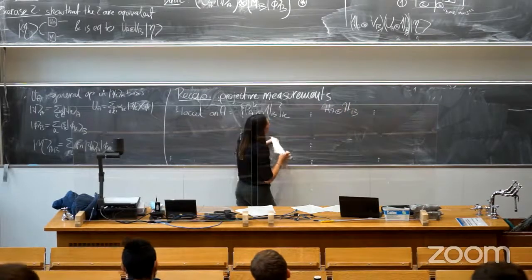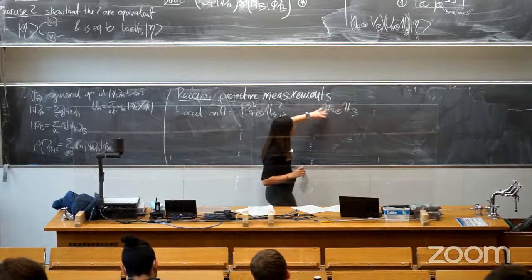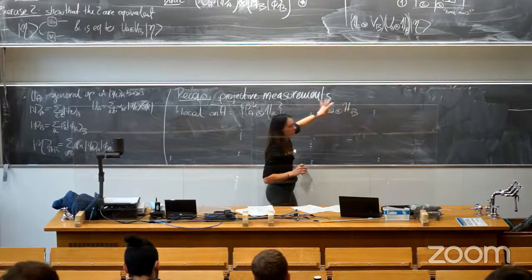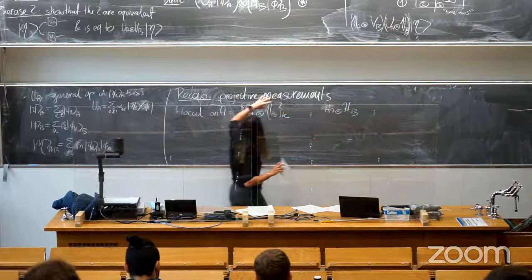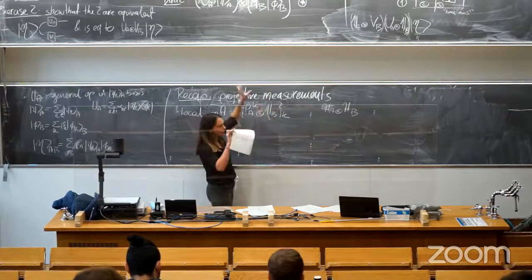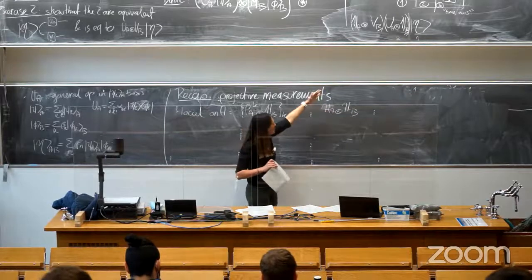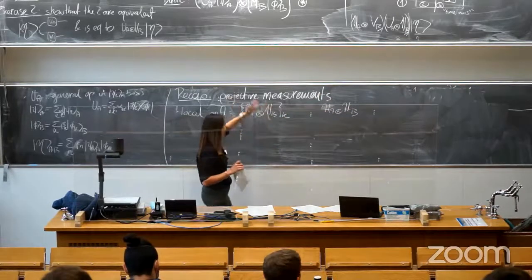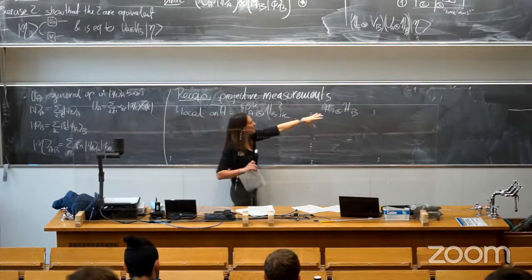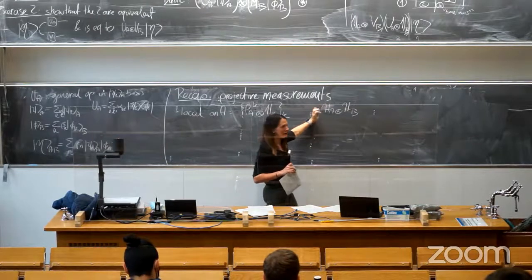My state belongs to the two combined, but here I leave the part which has to do with HB untouched, and I project with respect to a state K on my part A.